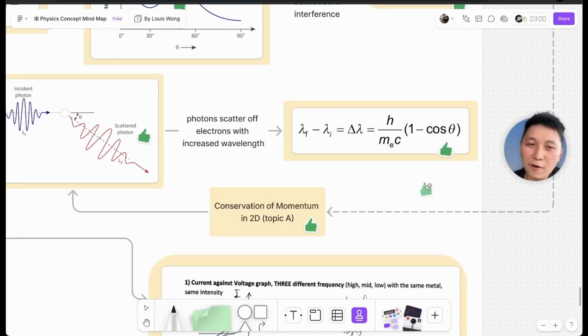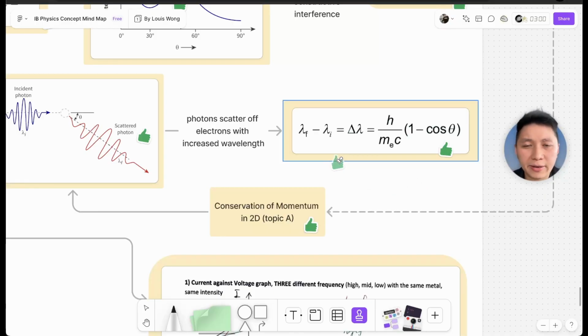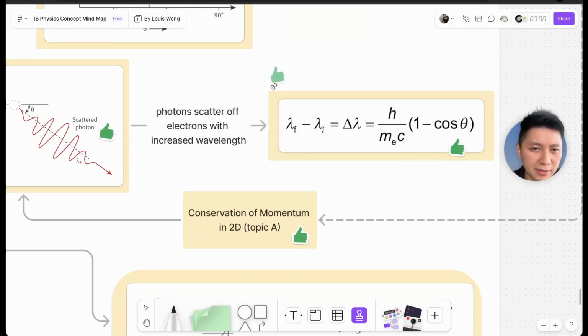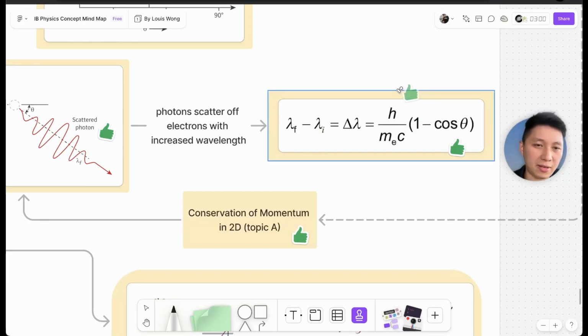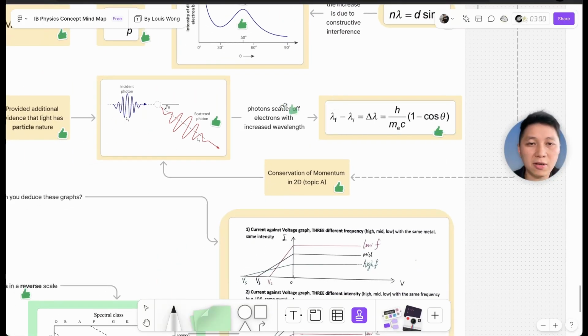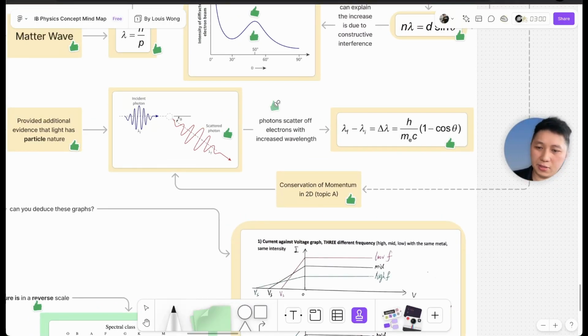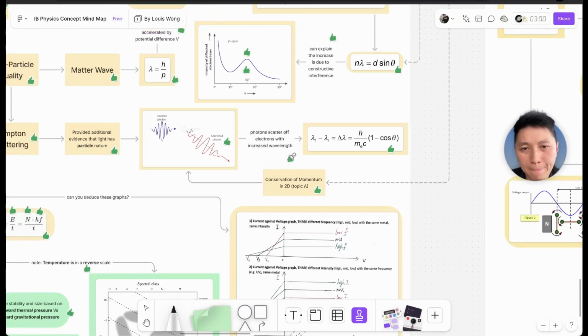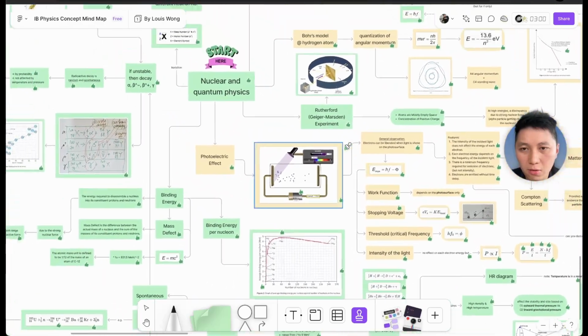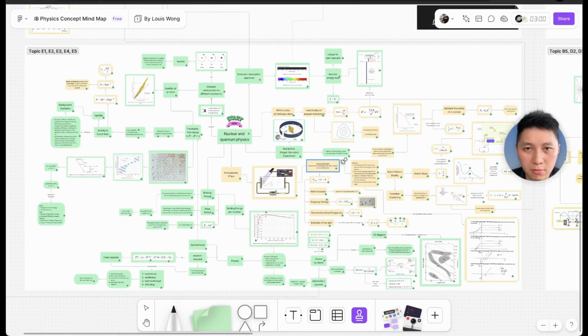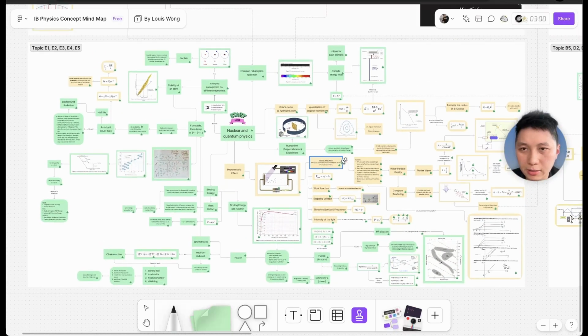And of course, if you don't really get it, I guess it's okay. You are more expected to simply apply this equation: the change of wavelength, and something to do with the angle, all these things. So I believe this is all, and I wish you all the best in your studying.